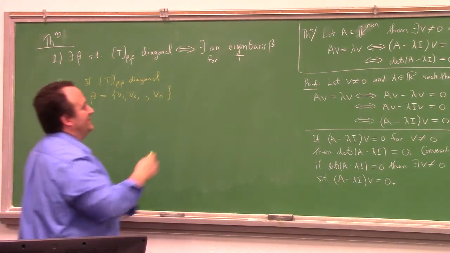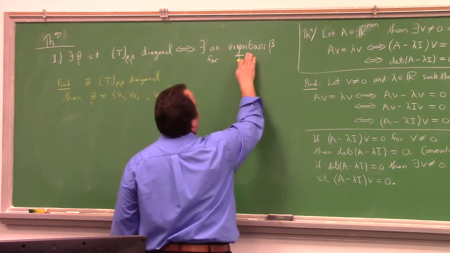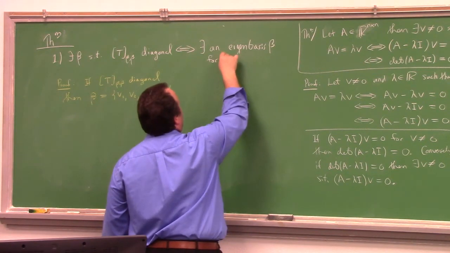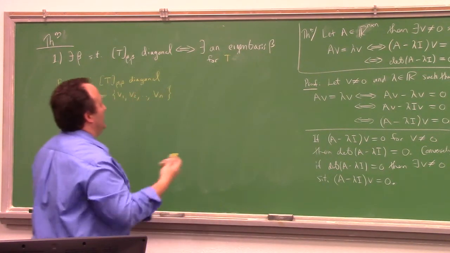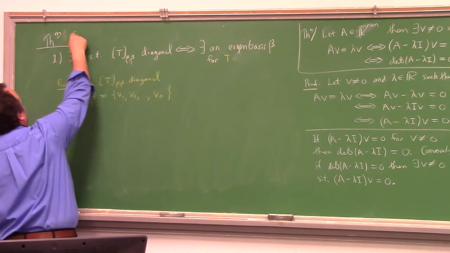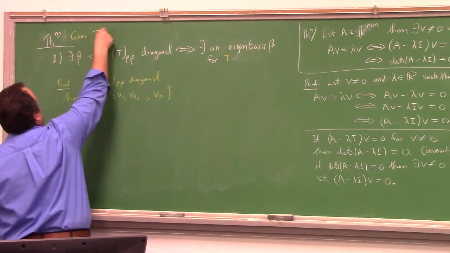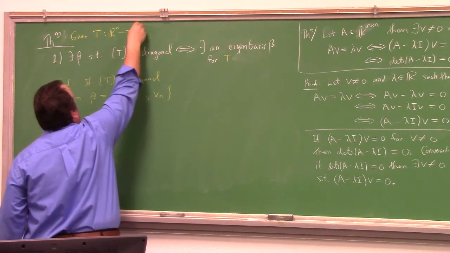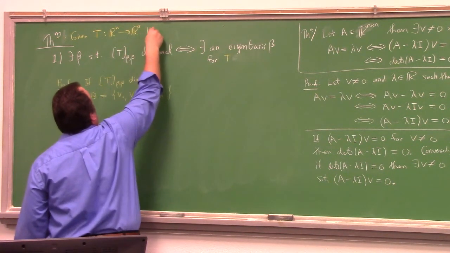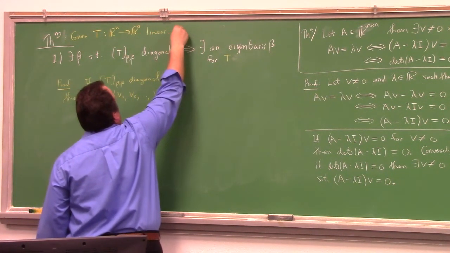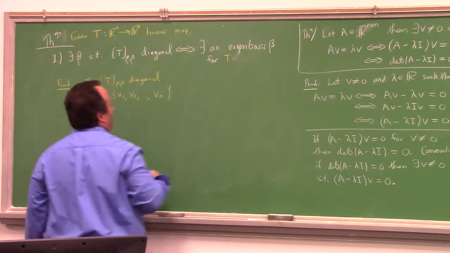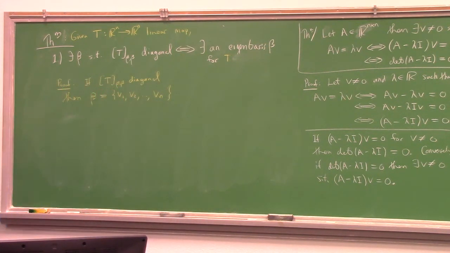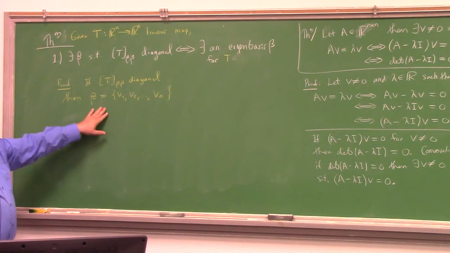This is all for T linear, you know? Right, linear map, or linear transformation. So check it out. If that matrix is diagonal, what does that mean for the basis beta, v1 through vn?